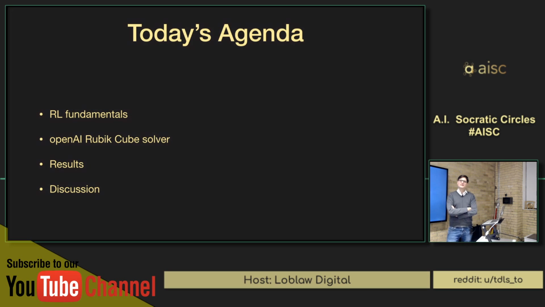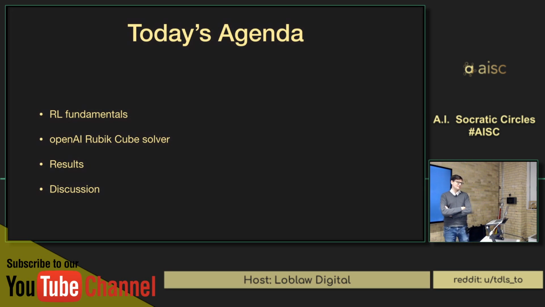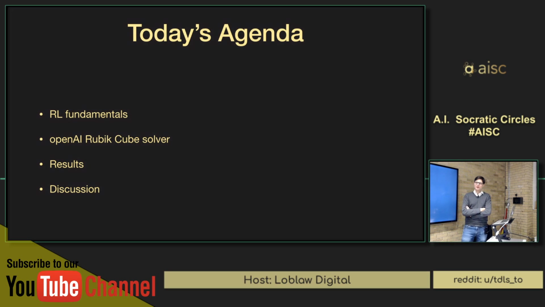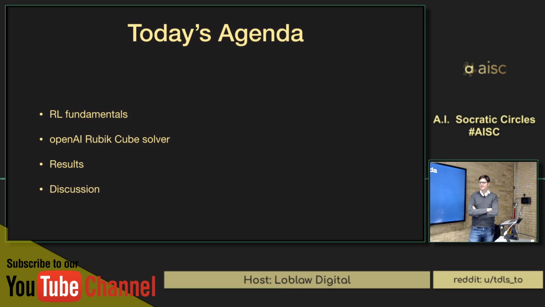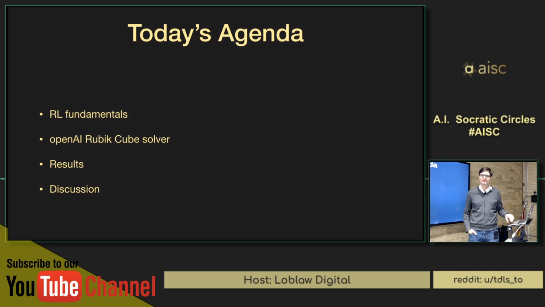I'll go step by step through every step of reinforcement learning and tell you what's different for this Rubik's cube one. We're going to talk about the results they published in the paper, and I go into some detail about them. After that, we're going to have a discussion. I have some nice discussion points, and there was also some discussion on social media about this project. I have an example for that, so we can talk about that.